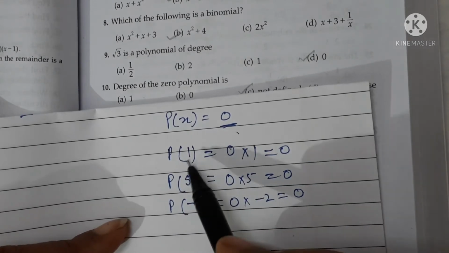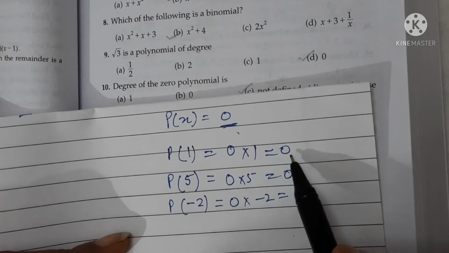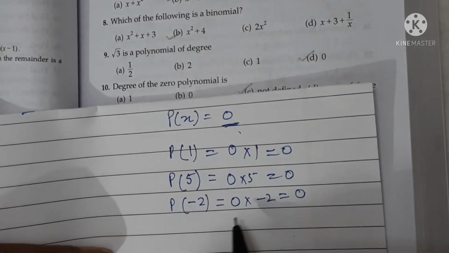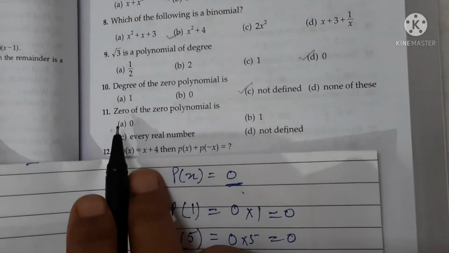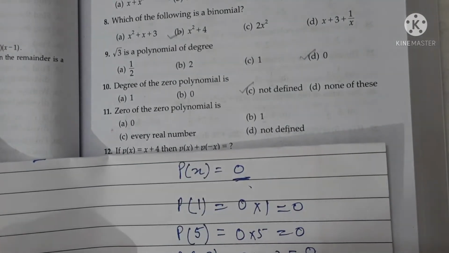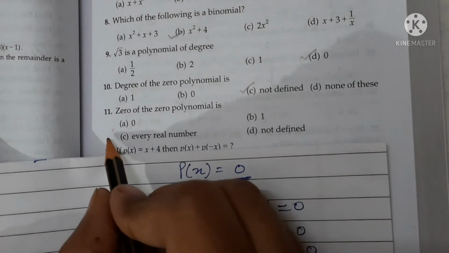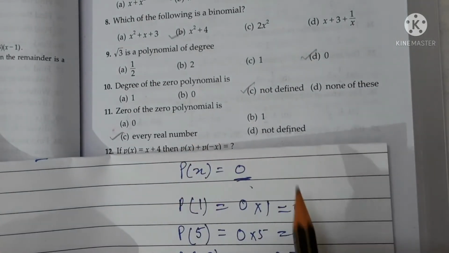Here we are substituting any real number for the zero polynomial, and we are getting 0. So every real number is the zero of the zero polynomial. So here in the 11th, option C is correct. Every real number is the zero of the zero polynomial.